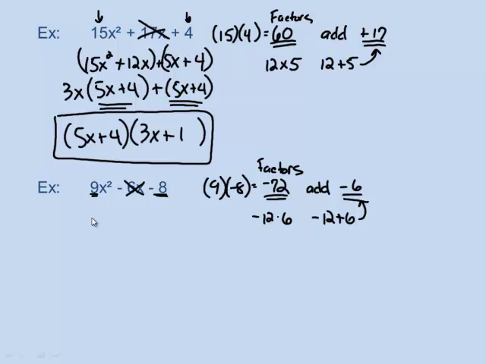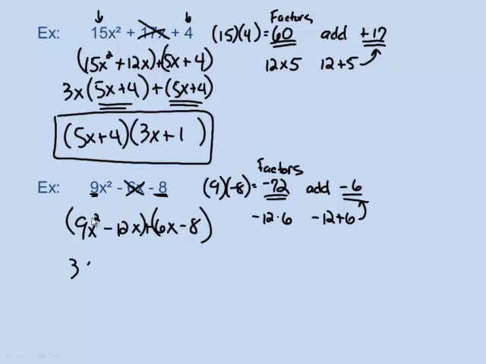So we're going to rewrite that middle term as minus 12x plus 6x. First term in the trinomial remains unchanged. Last term in the trinomial remains unchanged. Group in pairs. Factor out any greatest common factors.